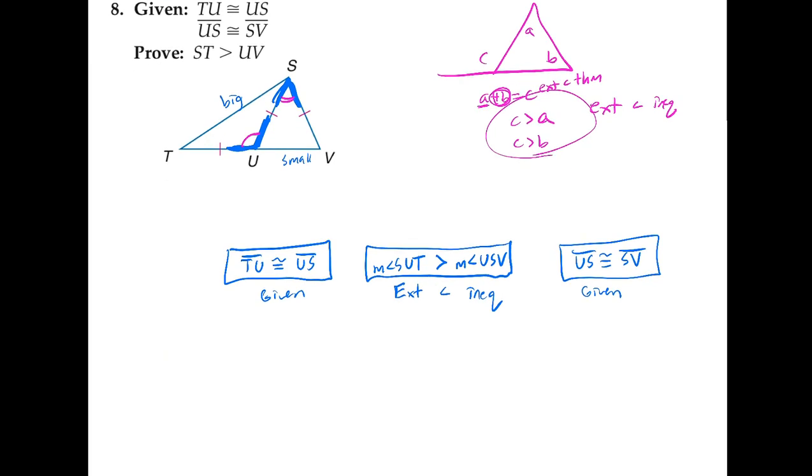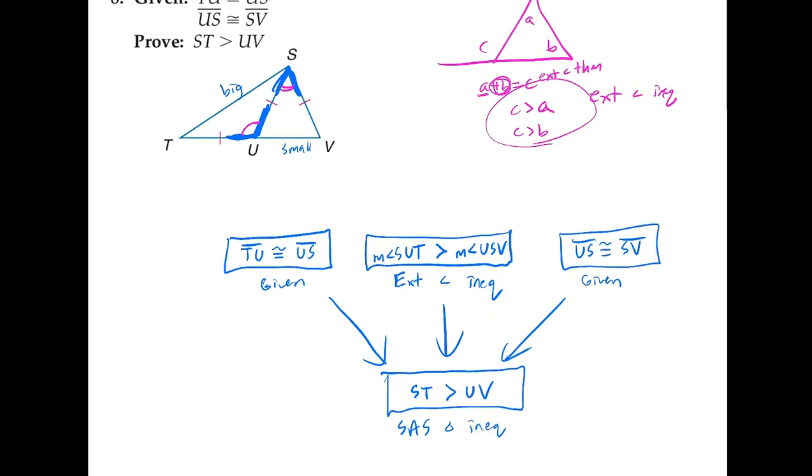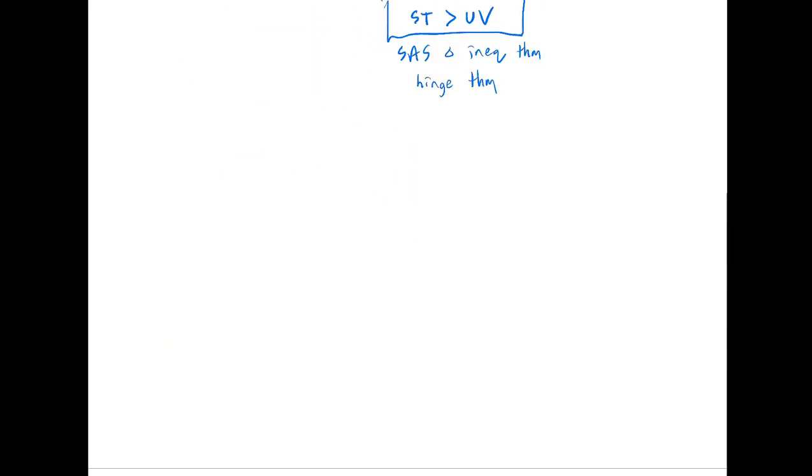And then you put those together, that's side angle side. You have the angle between is bigger, two congruent sides. That means the bigger angle opens up to a bigger side. So that means ST has to be bigger than UV. That's the SAS triangle inequality theorem, or the Hinge theorem. Whichever one you want to call it, whichever one your book or your teacher uses.